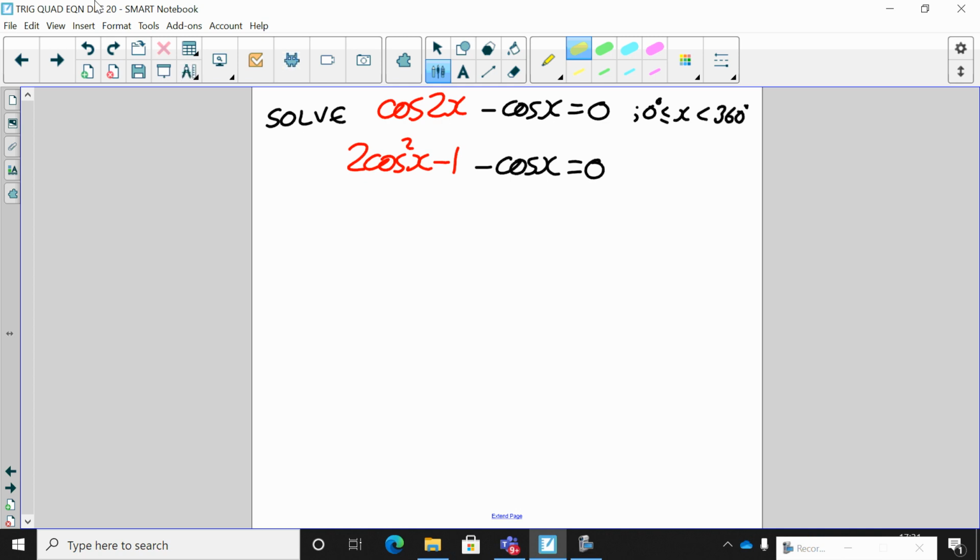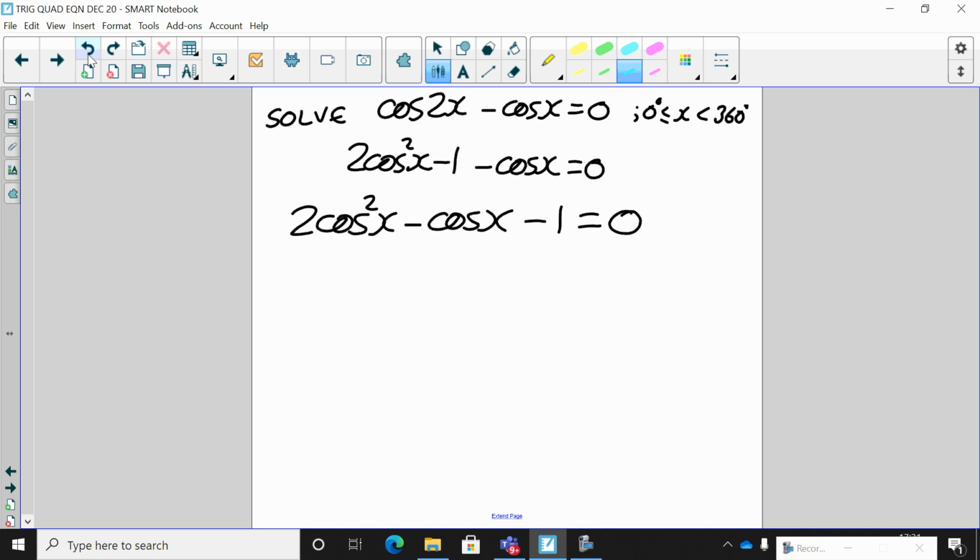When I say cos x only, I mean it doesn't matter about the 2, it doesn't matter about the squaring, it doesn't matter about the take away 1 thing. That's cos x only. Right, that's a replacement. Everything else will stay in place.